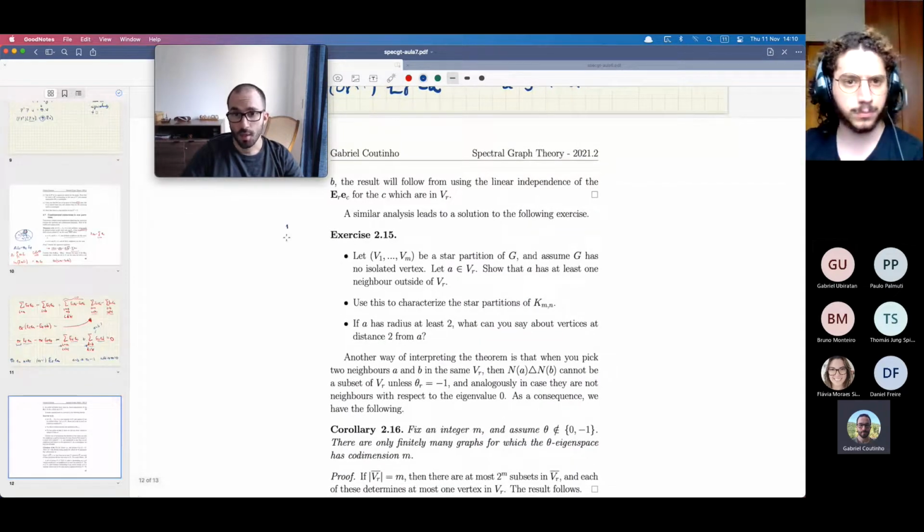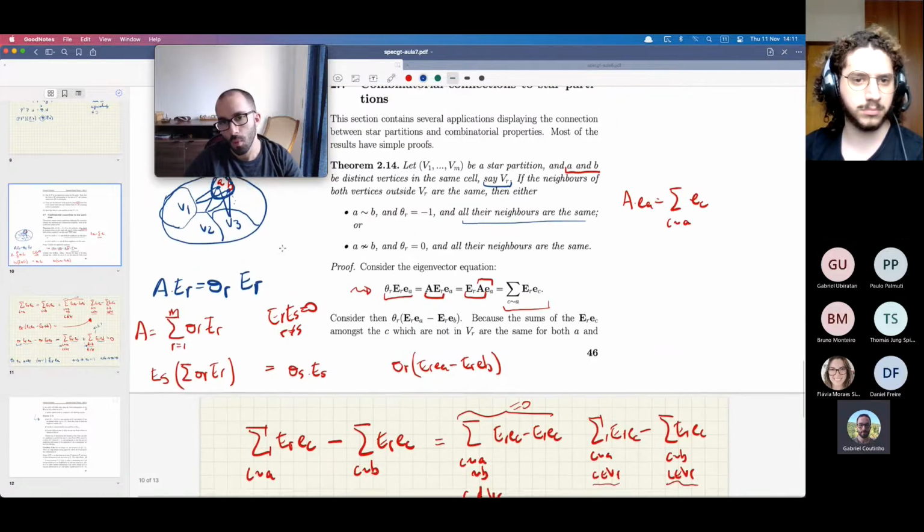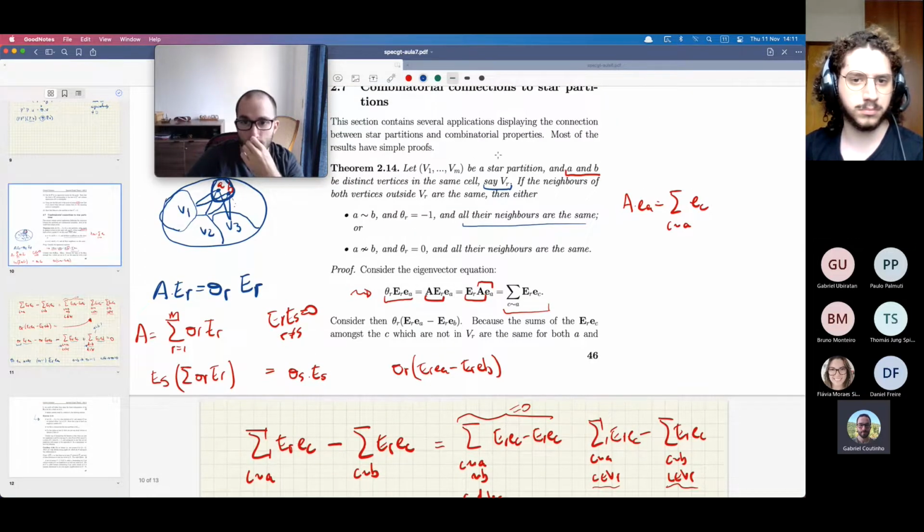A similar analysis, yes. There is an example where this happens. I mean, an easy example, that you have two vertices in the same star cell, and that this is true.